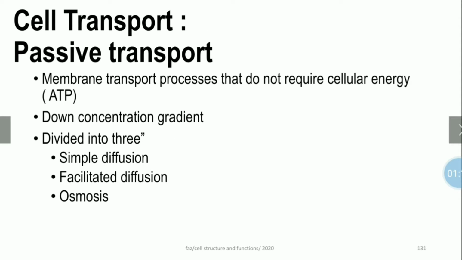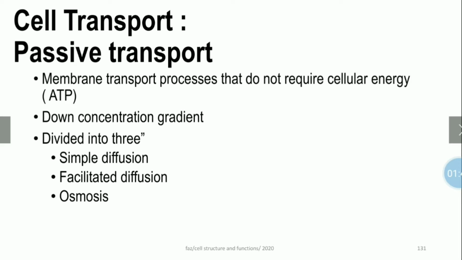So let's have a look at the passive transport first. Passive means this kind of transport does not require ATP. ATP should be written in capital letters. That is the first characteristic of passive transport.